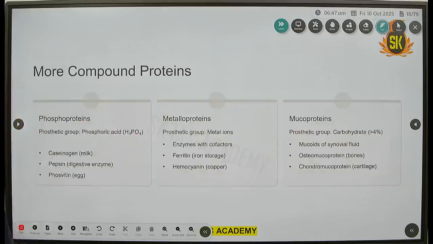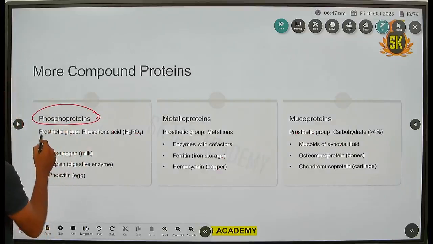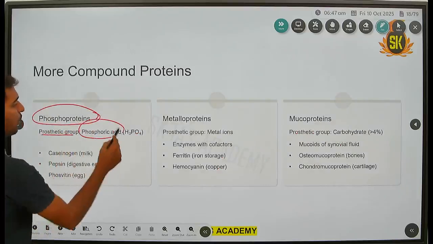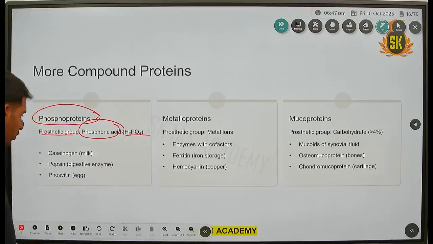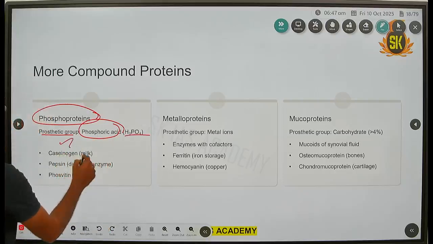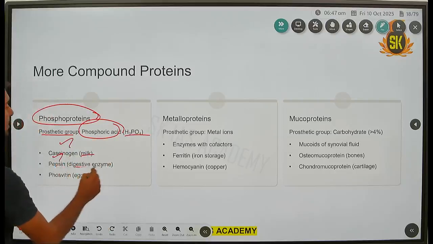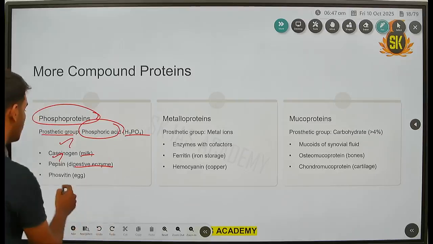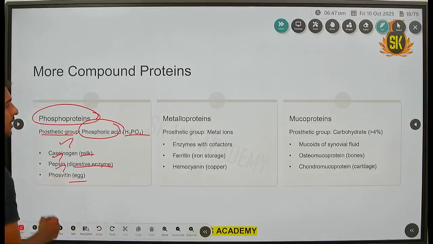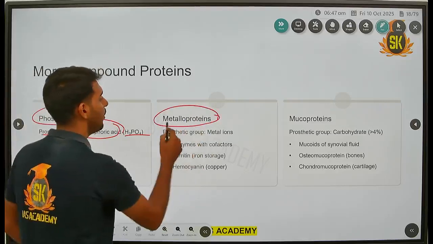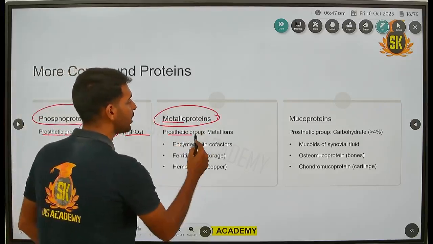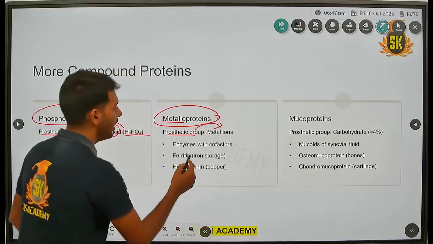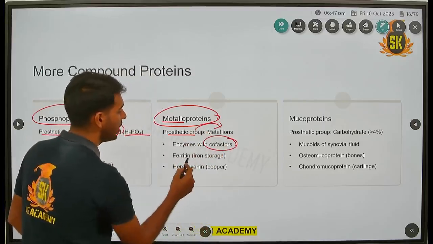More compound proteins: phosphoproteins. The prosthetic group is phosphoric acid, H3PO4. Examples: casein in milk; pepsin, a digestive enzyme present in the gastric juice; phosvitin in egg. Metalloproteins: the name suggests the prosthetic group is a metal ion, enzymes with cofactors.